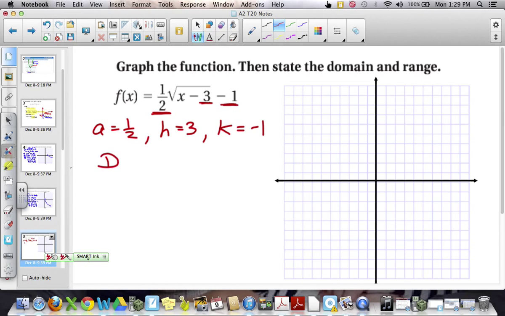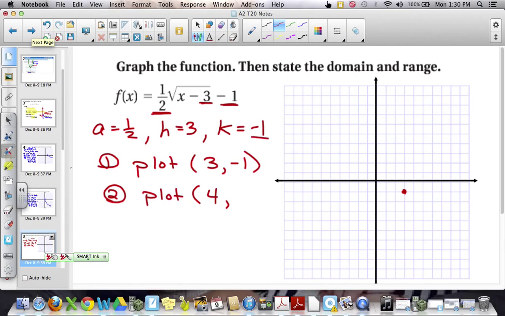So the first step is to plot hk. That would be 3, -1. So that's 3 to the right, down 1. Here's our starting point. Step 2 is to plot h plus 1, which would be 4, and then k plus a.